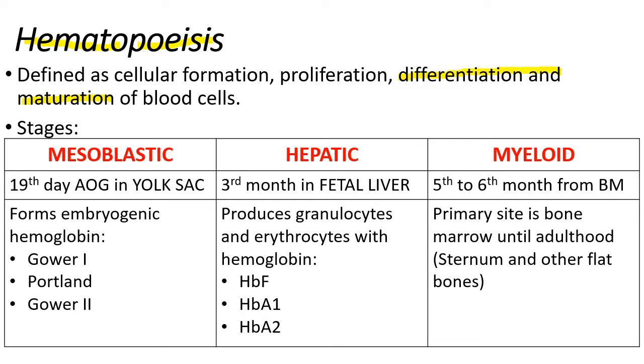The first stage is the mesoblastic stage, which happens on the 19th day age of gestation, in the yolk sac. And dito sa stage na to, nagagawa ang mga embryonic hemoglobin such as your Gower 1, Portland, and Gower 2.